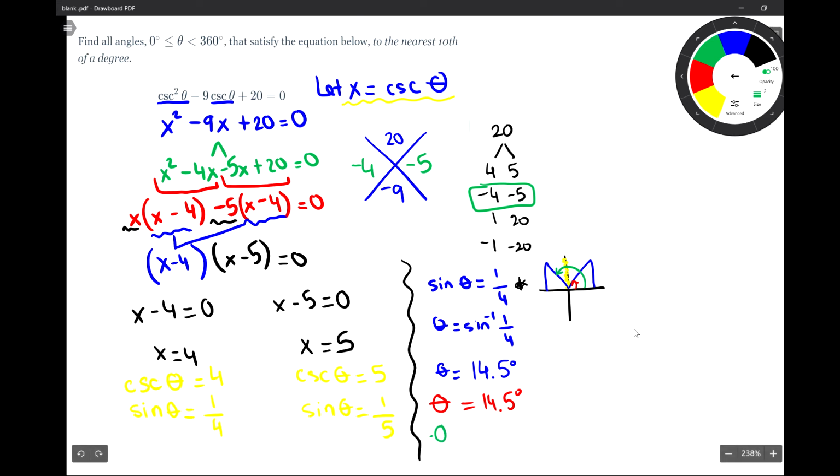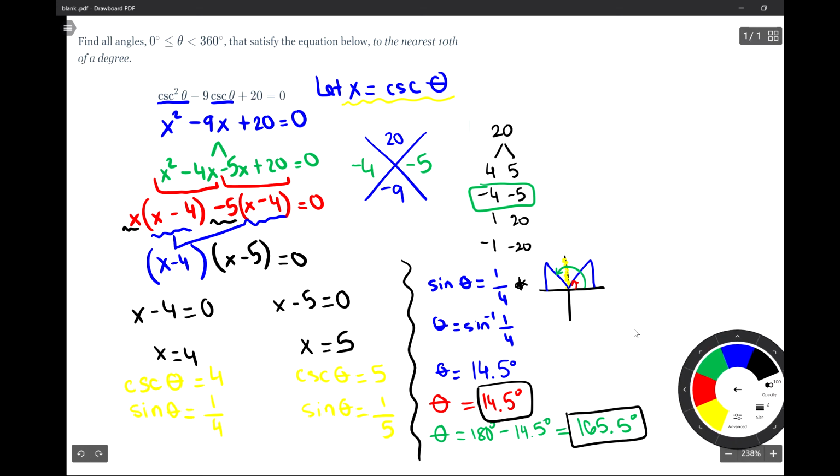In order to find the green angle in standard position, I will take 180 minus 14.5 degrees, and that gives me 165.5 degrees. Okay, so just for the first one, sine theta equals 1/4, I already got two solutions. The first one is 14.5 degrees and the second one is 165.5 degrees.